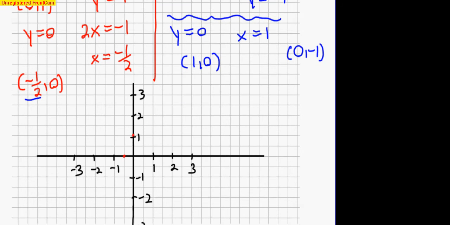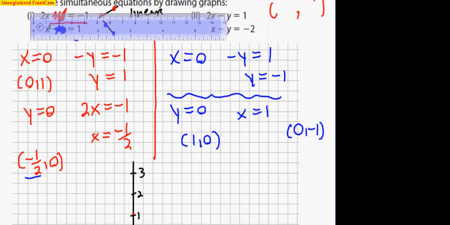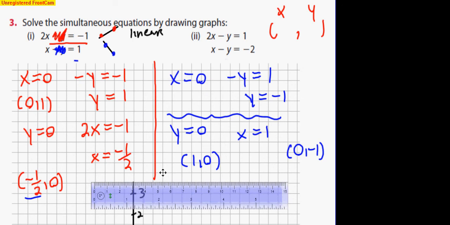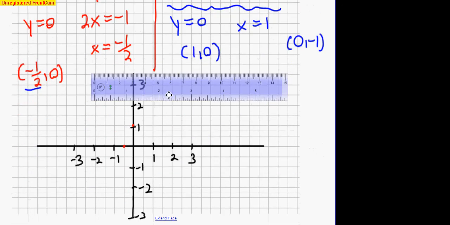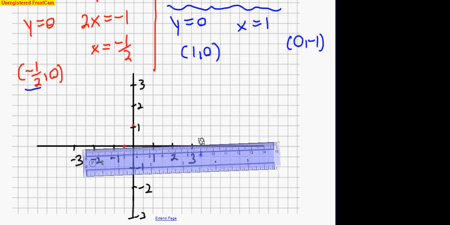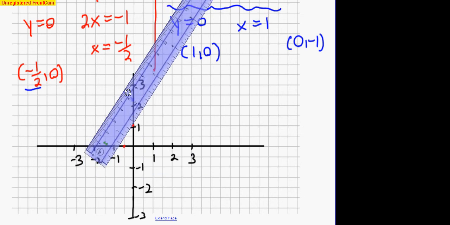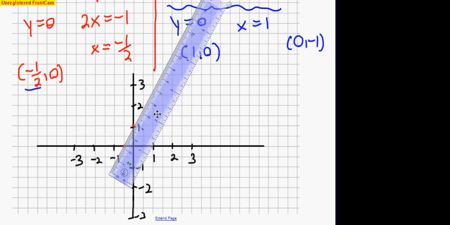Next thing we're going to do is get out a ruler. Like so. The ruler is going to have to be lined up properly to make sure that it goes through both points accurately. So you've got to get the right amount of steepness and then move it into position.